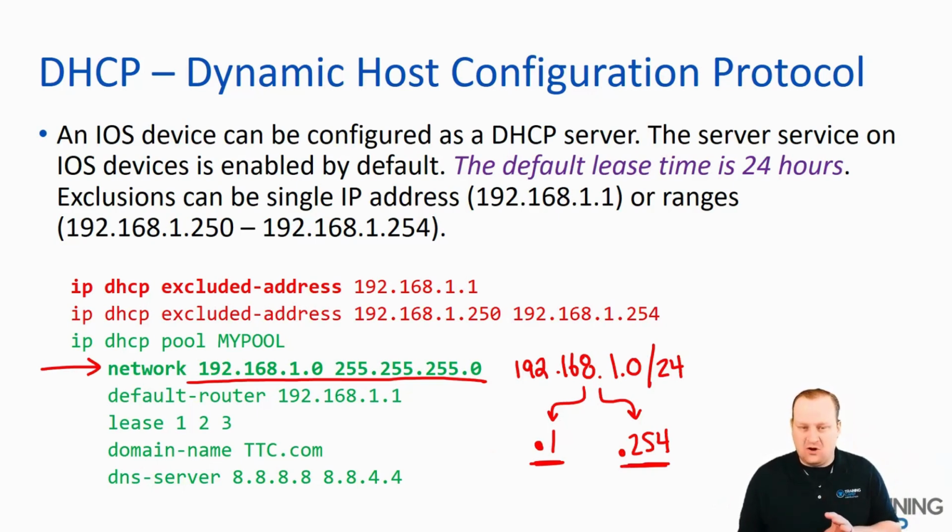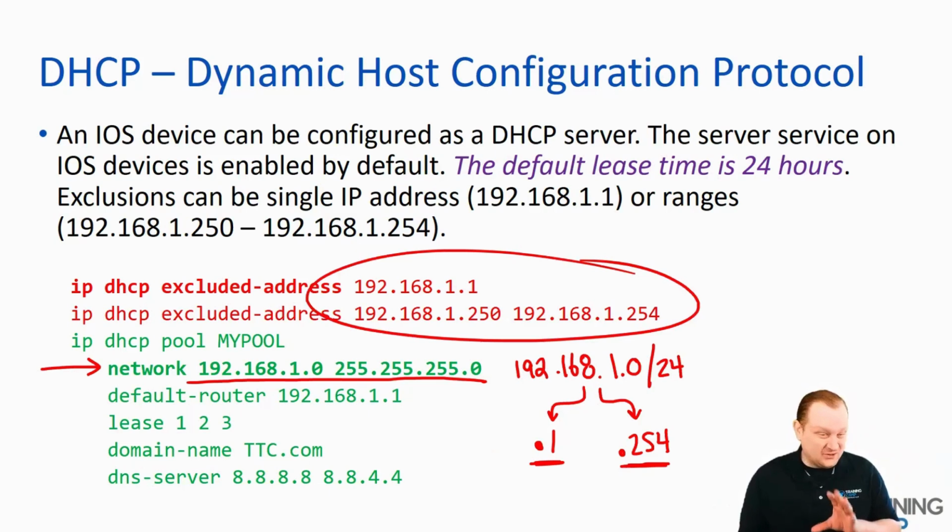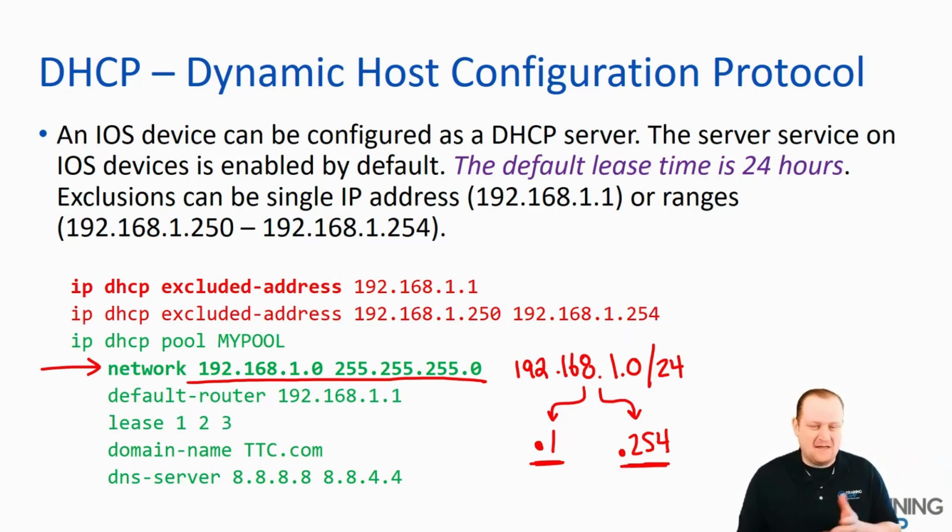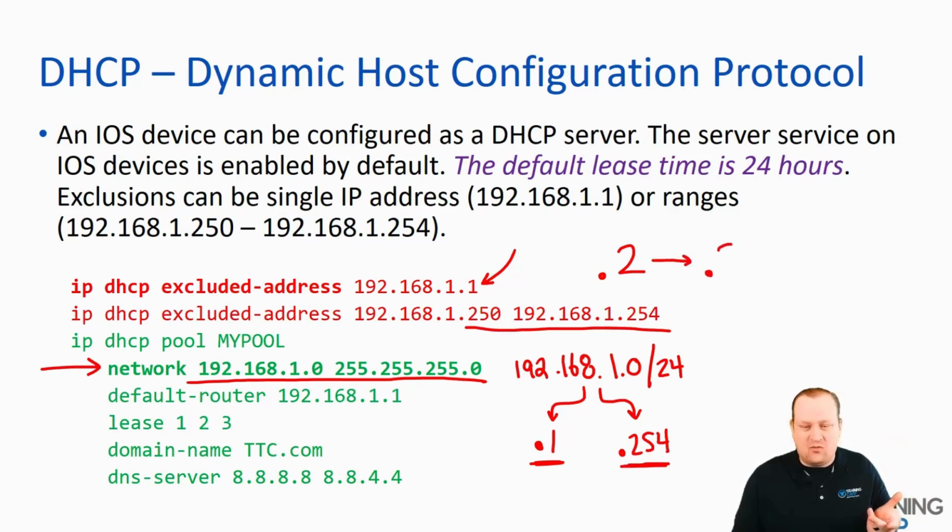Of course, I would note there are exclusions we created already. Considering these exclusions, 1 can't be given out, so the first thing this could actually give out would be a 2. And it's not allowed to give out 250 to 254, so the last thing it could give out would be 249. It's a lot to think about.